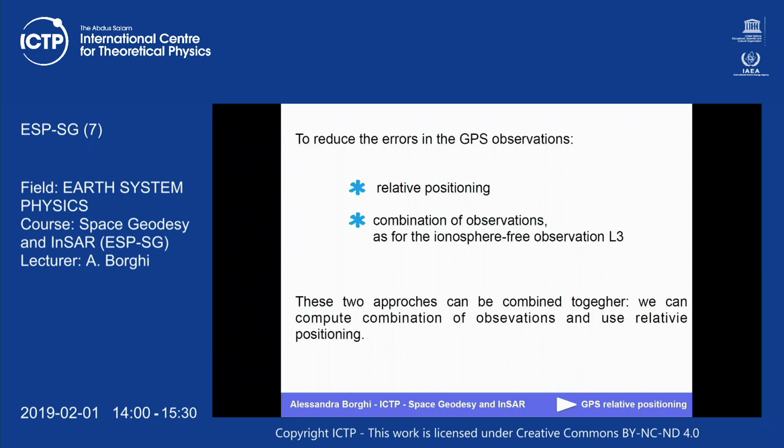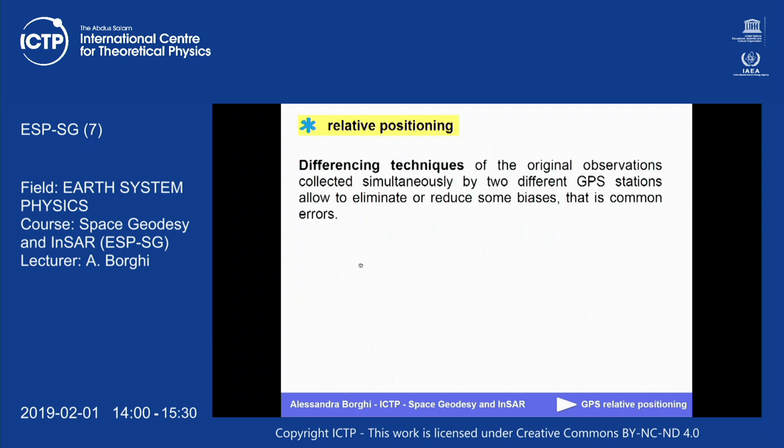Of course, these two approaches can be mixed. We can compute, for instance, the L3 iono-free combination and use this observation in relative positioning. So, to be honest, we use a mixed technique.